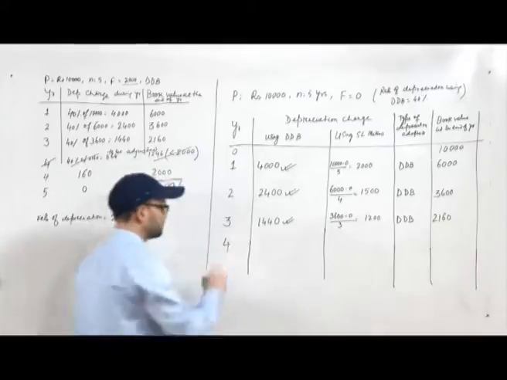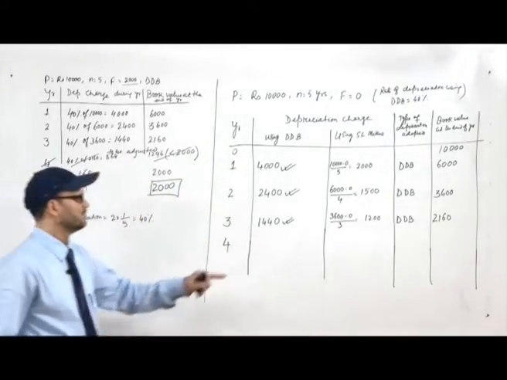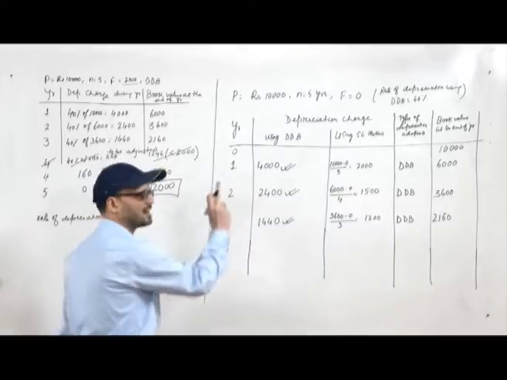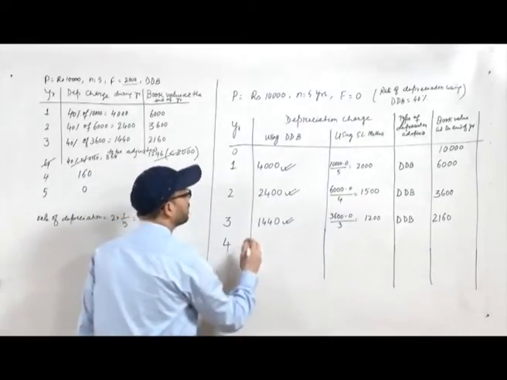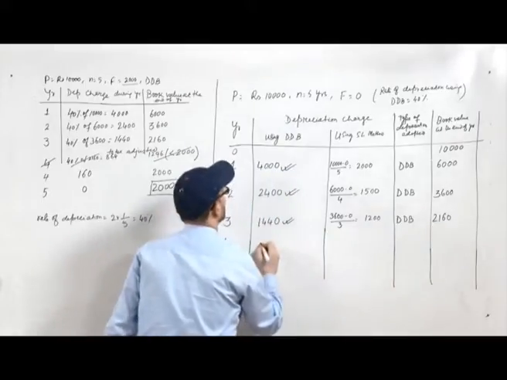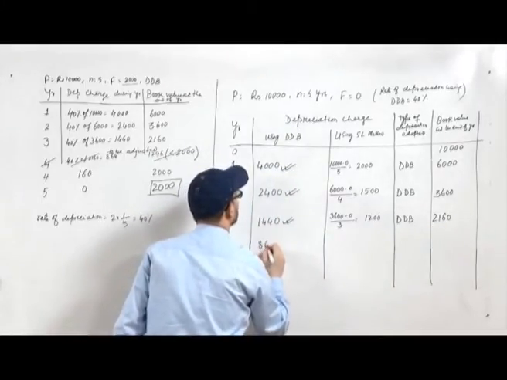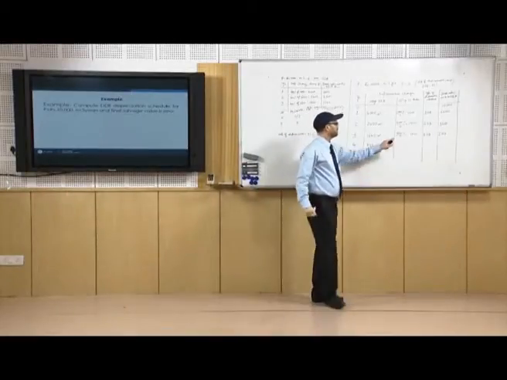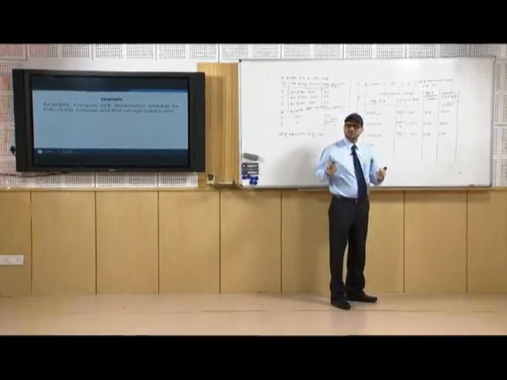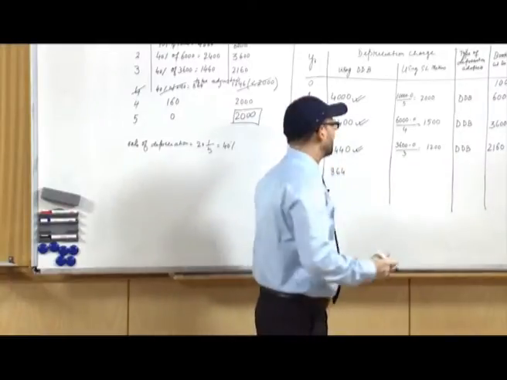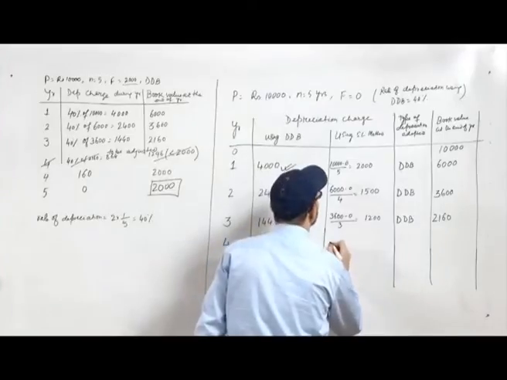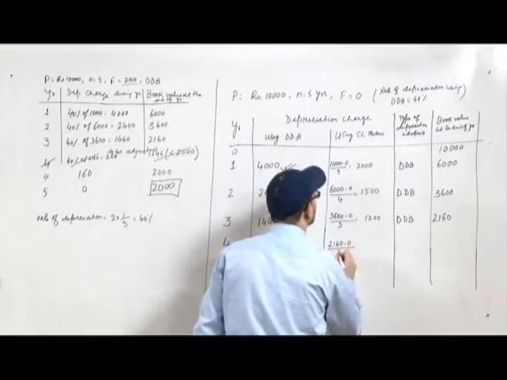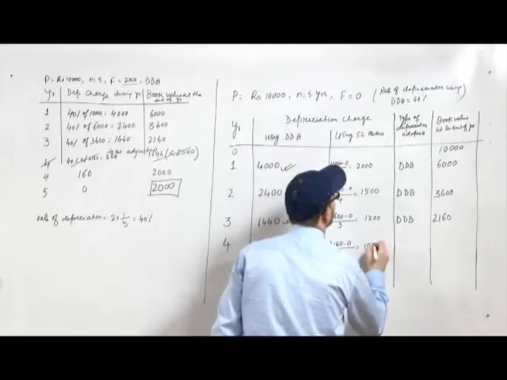Now, we will go to the 4th and 5th year. During the 4th year, the book value at the end of 3 years is 2,160. So, using the double declining balance method of depreciation, 40% of 2,160 is 864. Now, we have 2 more years left. So, using the straight line method, the depreciation charge will be 2,160 minus 0, divided by 2, that is 1,080.